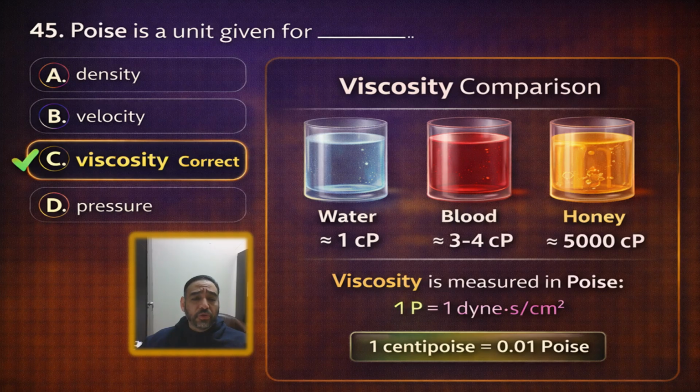Again, velocity is measured in some distance per time, so centimeters per second, meters per second. If you want to think of miles per hour, again, that's some distance per time. So poise has nothing to do with speed. The other answer that was incorrect was pressure. So pressure is measured in millimeters of mercury, in pascals, or in dynes per centimeter squared. Sounds close, but again, not poise.